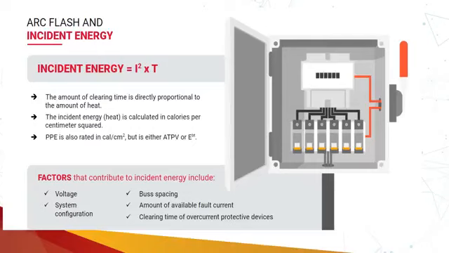Maybe there are certain breakers which are bypassed, or certain protective devices have not been configured correctly. So it gives an opportunity to review your protection design, protection settings, and do your job accordingly. So the amount of clearing time is directly proportional to the amount of heat.